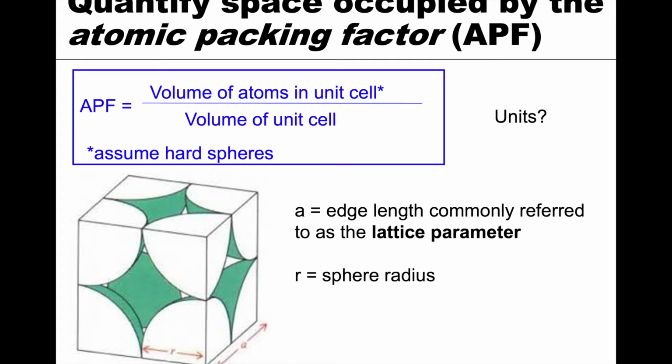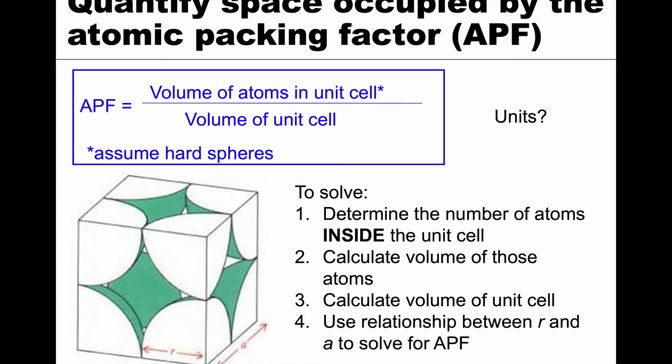So I have, I think, a pretty simple methodology for solving these types of problems. What we're going to do is assume that the unit cell is defined, right? So we've got it like this. So we don't have to determine what the unit cell is, the cube or whatever other shape. So let's say we already have that defined.